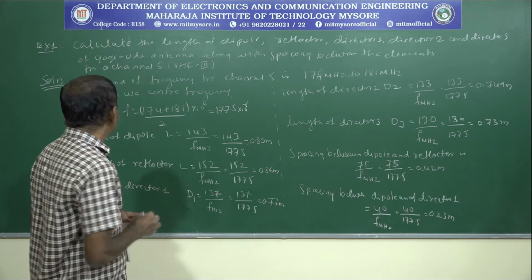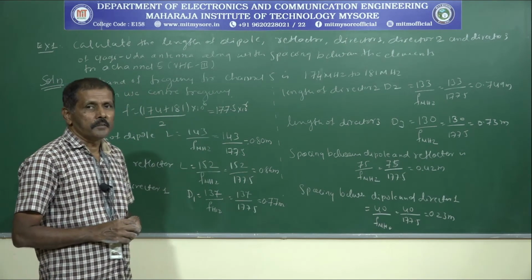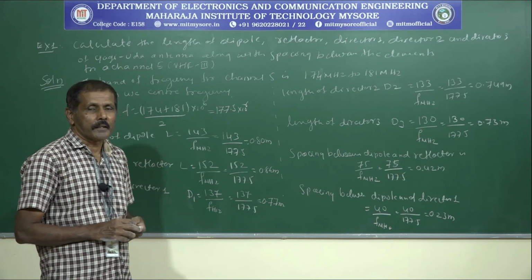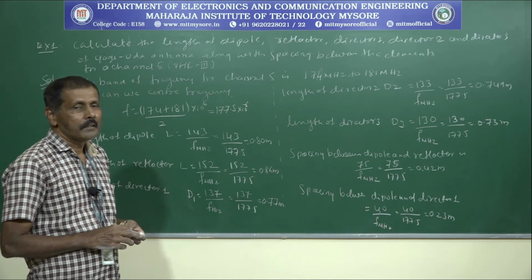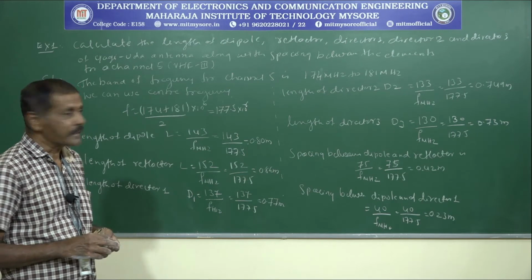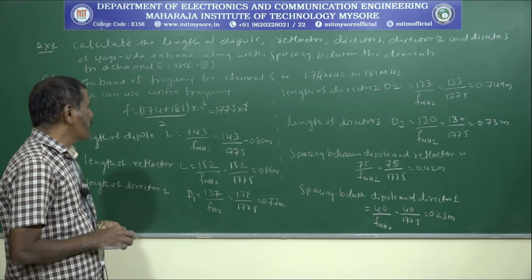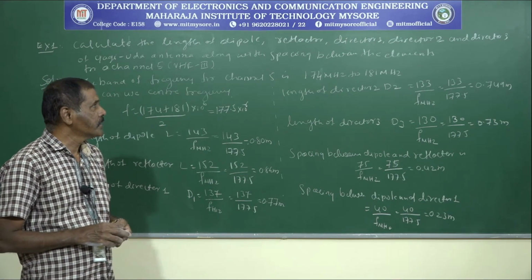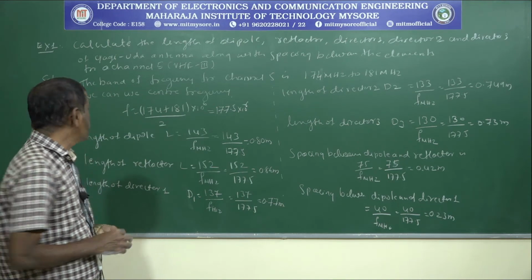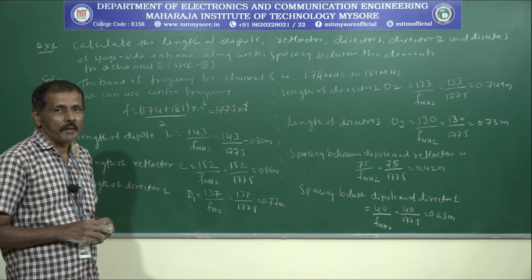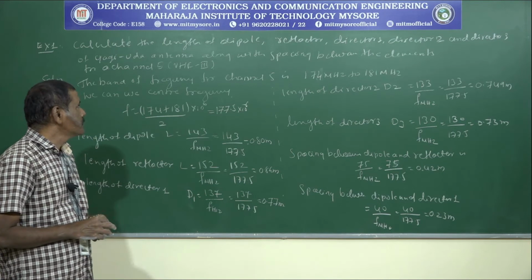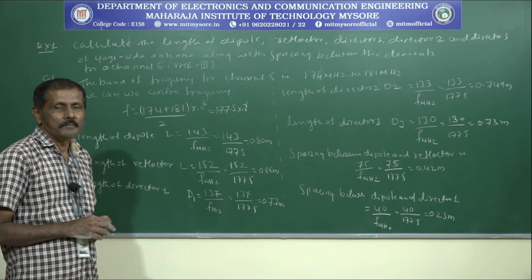The given problem is: calculate the length of the dipole, reflector, director 1, director 2, and director 3 of a Yagi-Uda antenna, along with the spacing between the elements, for channel 5 in the VHF band 3.